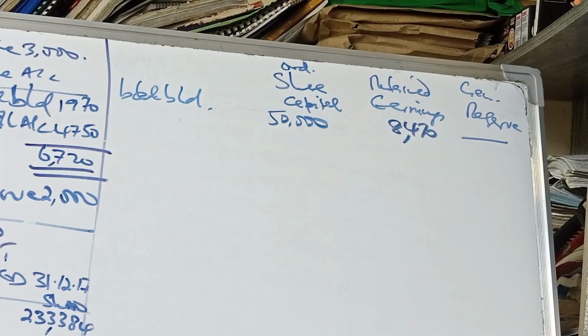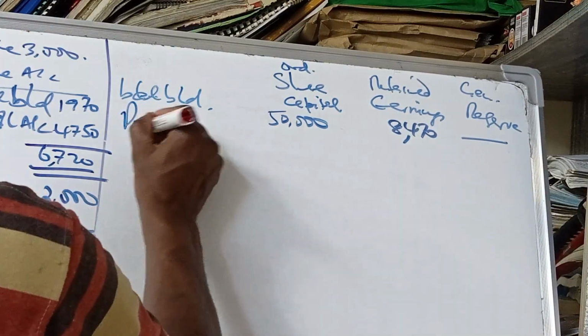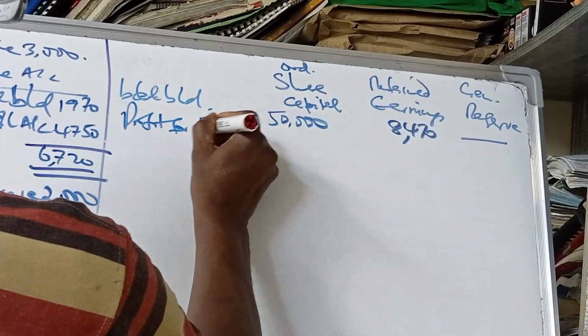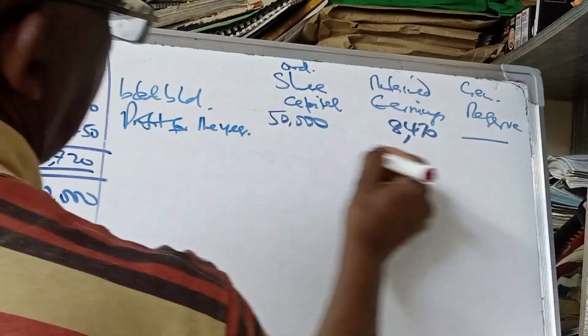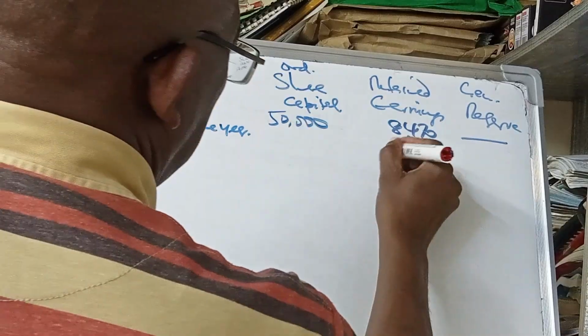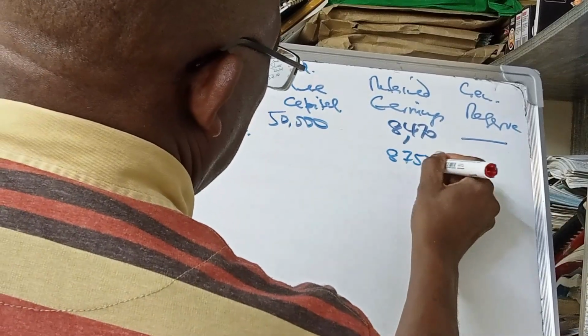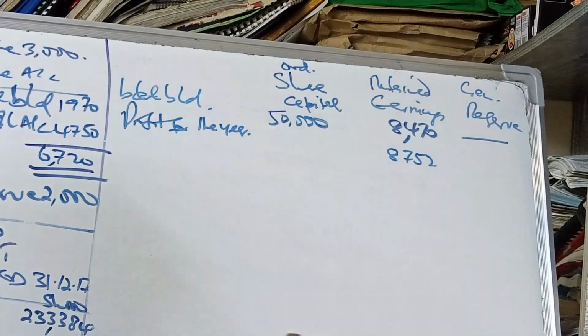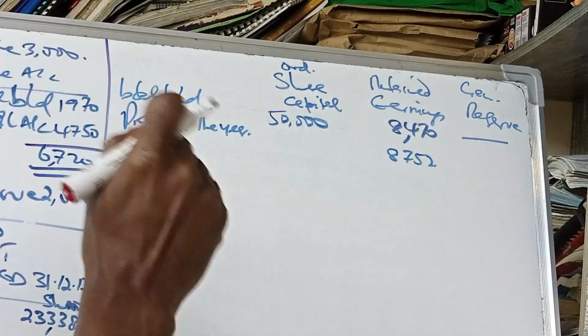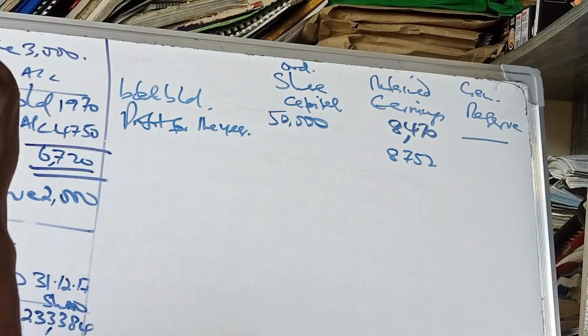Profit for the year is 87.52. This is the profit that you have made, profit after deducting tax and preference dividend.